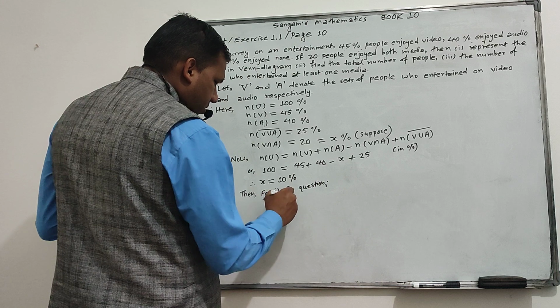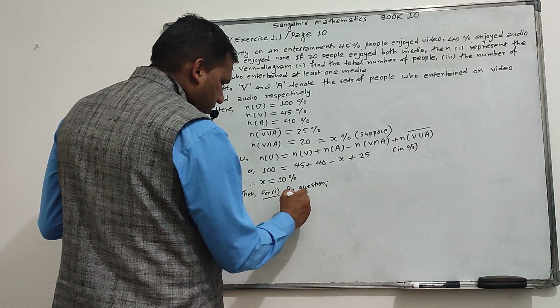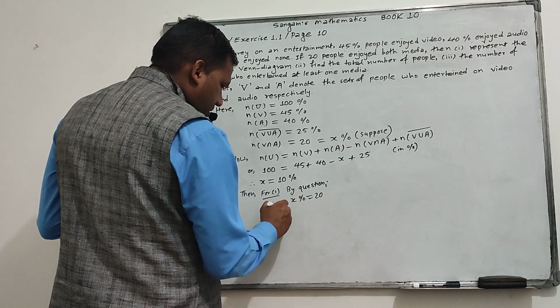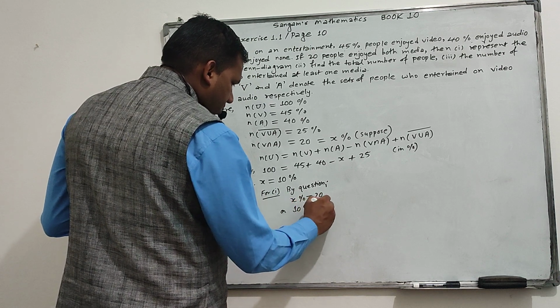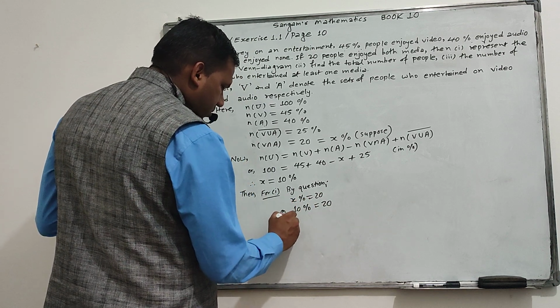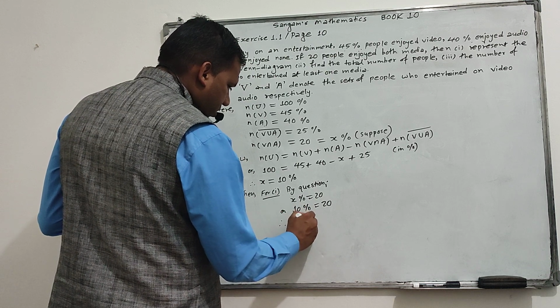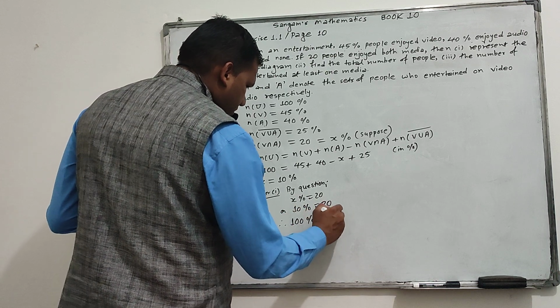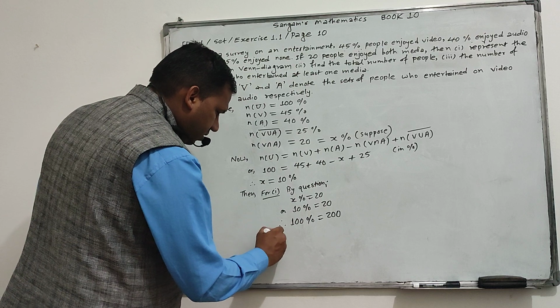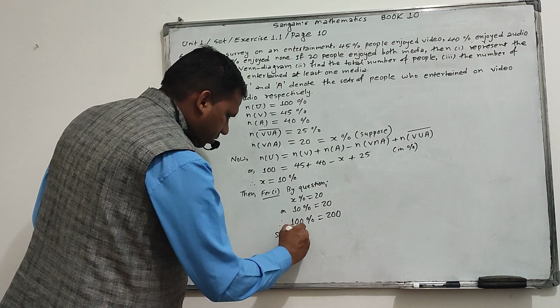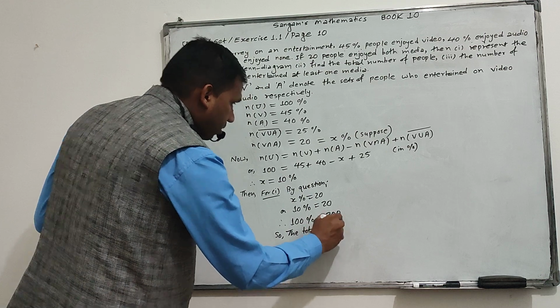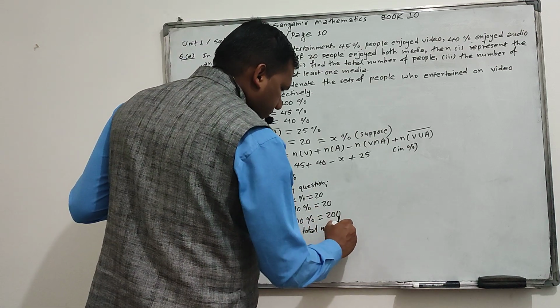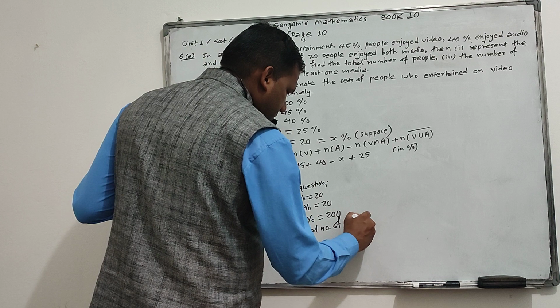So X% equal to 20, or 10% equal to 20. Therefore, 100% equal to 200. So the total number of people is 200.